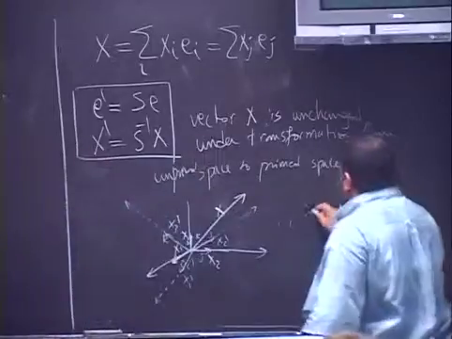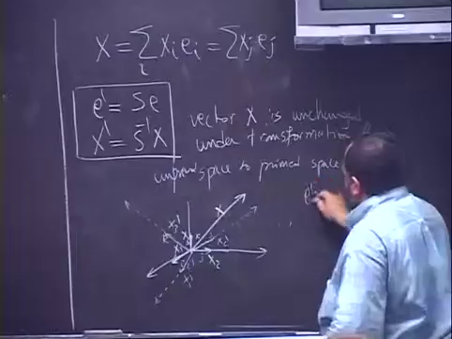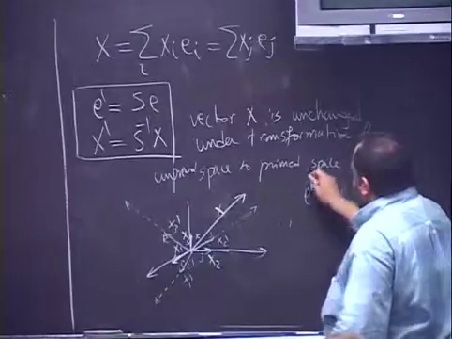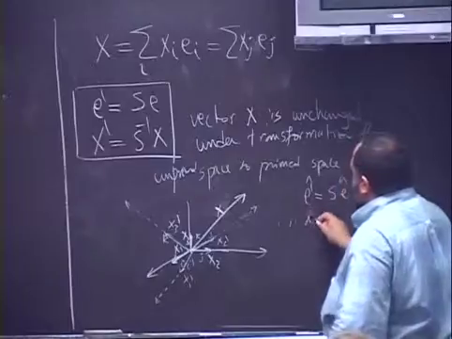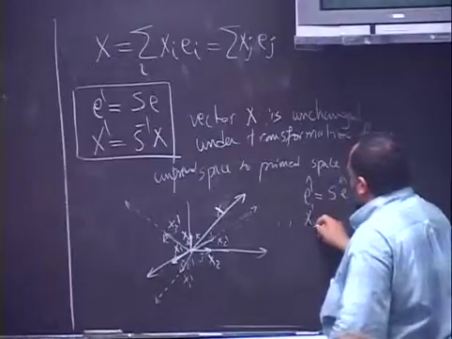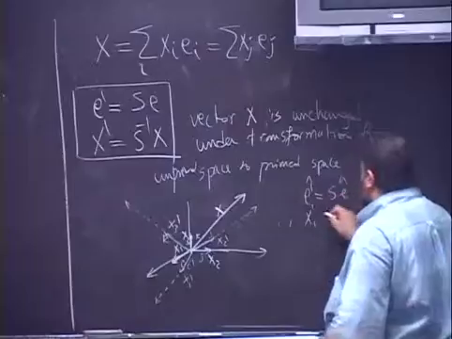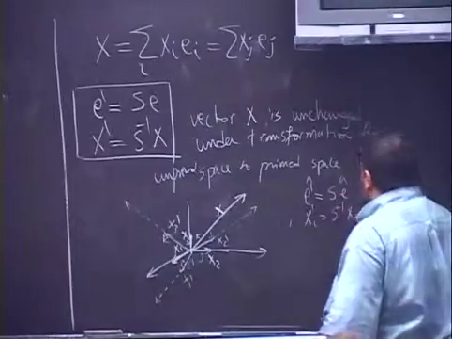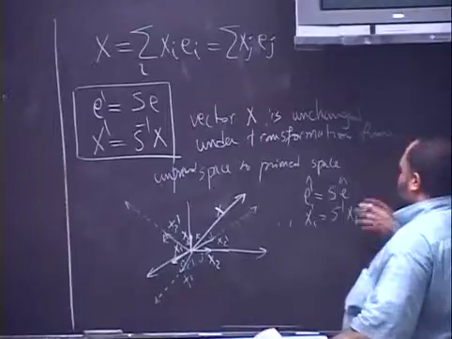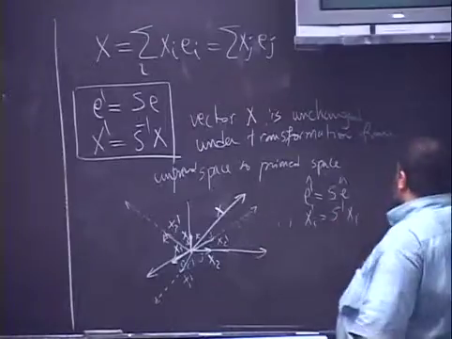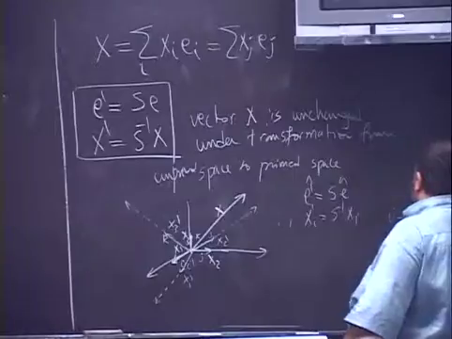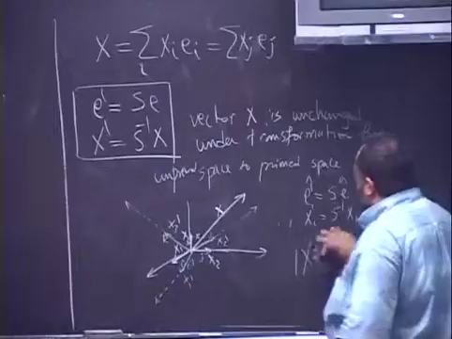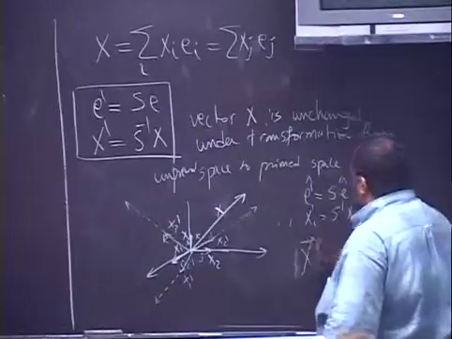So E prime will be equal to S multiplied by E, and x prime, the component, xi prime would be S minus 1 xi, where i is ijk. But the vector x itself will be the same here.